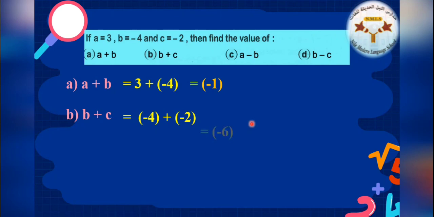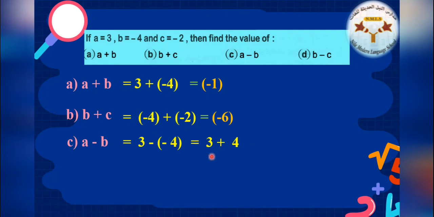Number c, a minus b. Replace a with 3 minus negative 4, since b is negative 4. Change the minus into plus and change the sign of the second number, which means 3 plus positive 4, or 3 plus 4 equals 7.